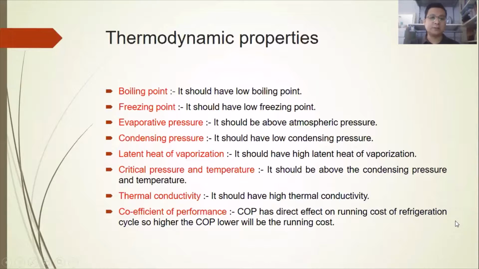So the higher the COP, the lower the running cost. COP is based on the difference between the low temperature and the high temperature. If the difference is higher, it means COP is good. We reject heat to the environment where the temperature is higher, but inside the room it is much lower.